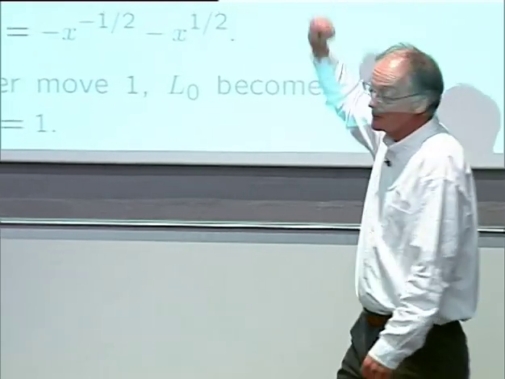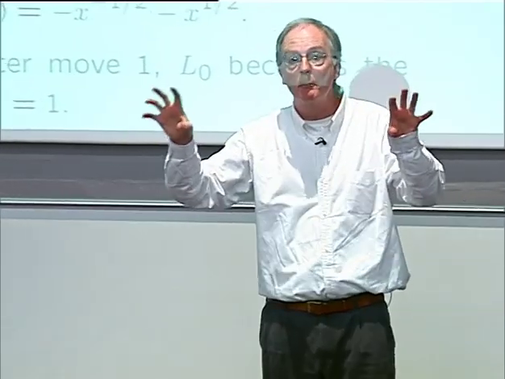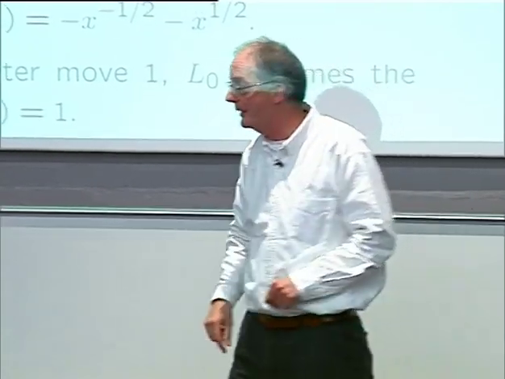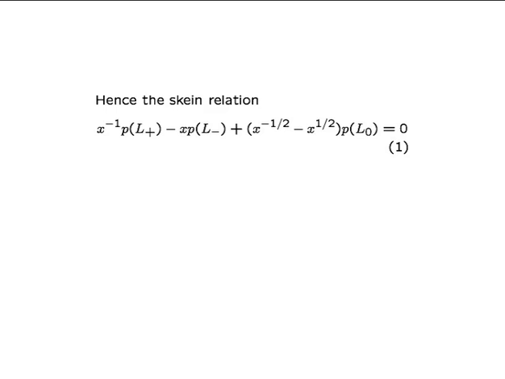L naught we saw was the unknot, so that's got Jones polynomial 1. So now I have 2 of the 3 pieces in one of those, that skein relation. So there's the skein relation up at the top there. That's the relation, that was axiom 2 a couple of slides ago. You've got the 3 polynomials related, right, that equation 1.